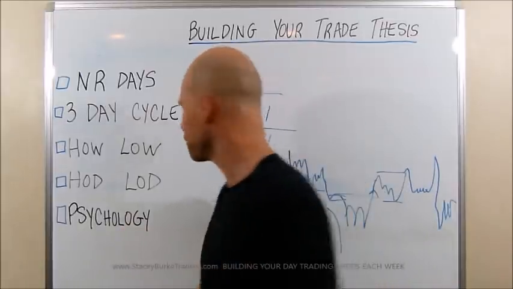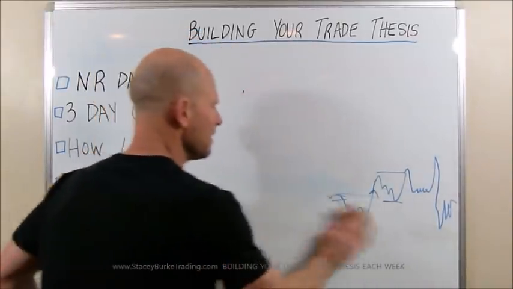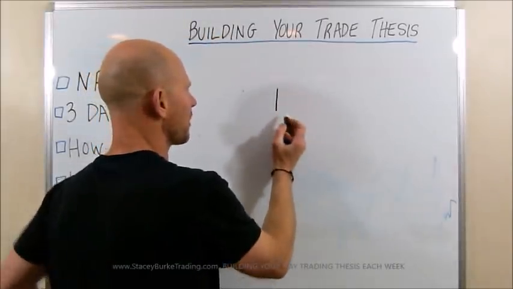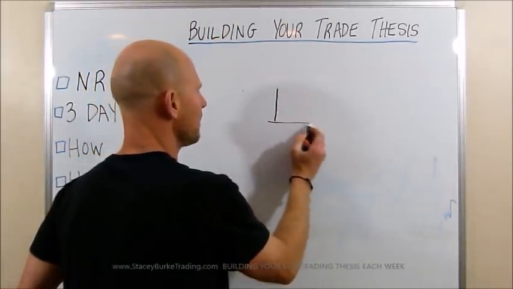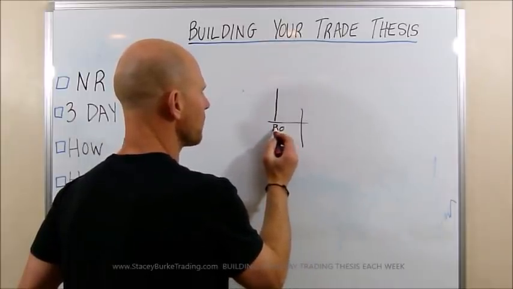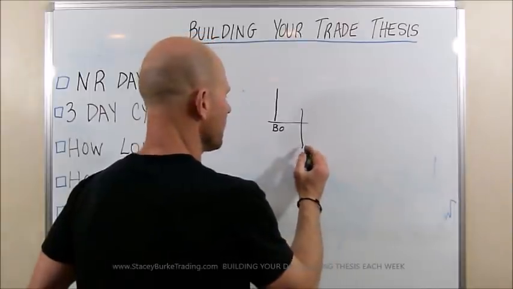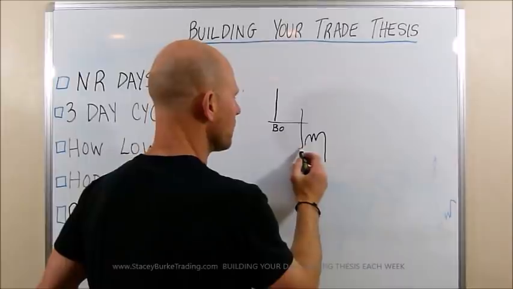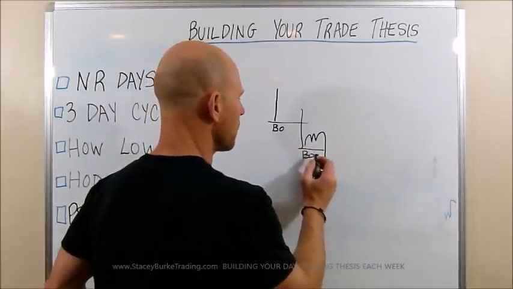It's important to understand the psychology behind multiple time frame traders. If we have a daily chart and the market breaks that, we have breakout traders in the market. The next day, the market takes out the low. We have breakout traders in the market.